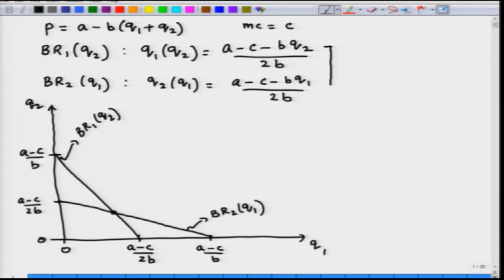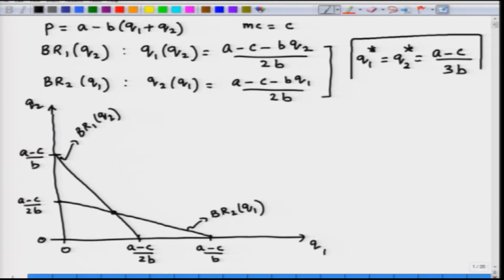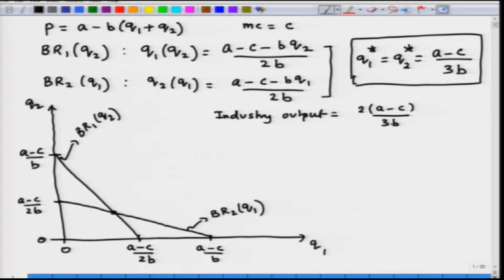We solved for the Nash equilibrium outputs, and they were Q1 star equal to Q2 star equals (A minus C) divided by 3B. So, the industry output is Q1 star plus Q2 star, which is 2 times (A minus C) divided by 3B.